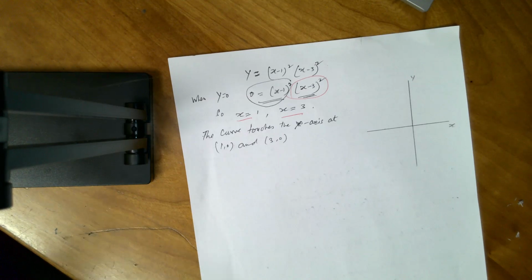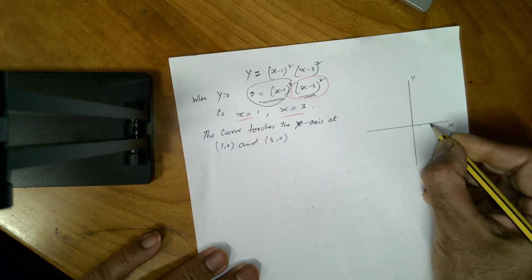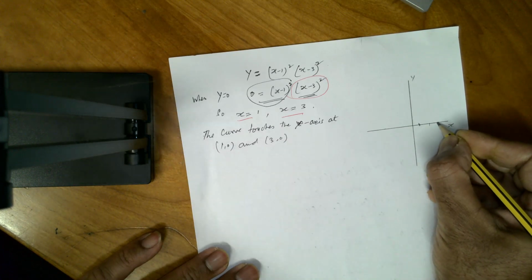Okay, so you see here you've got 1, 2, 3, so it will touch here and touch here. Okay.